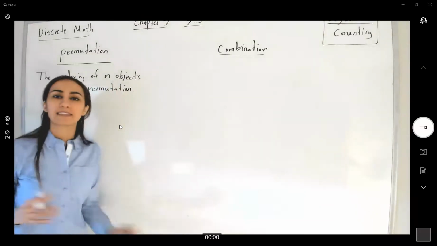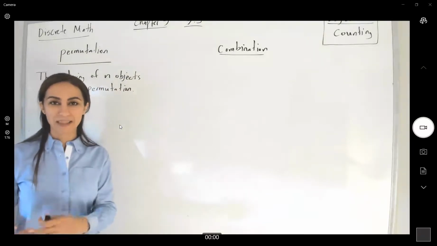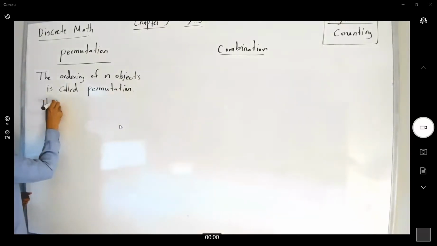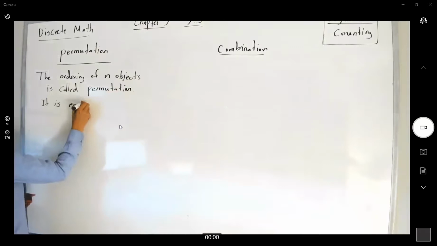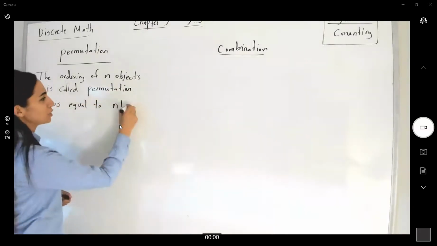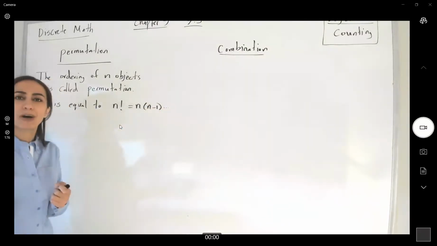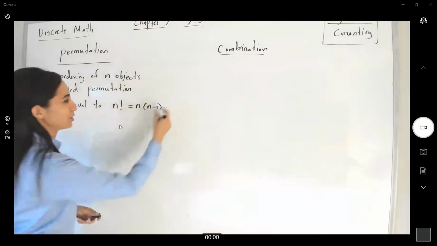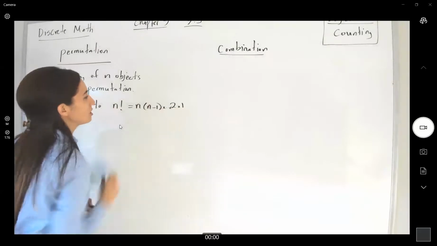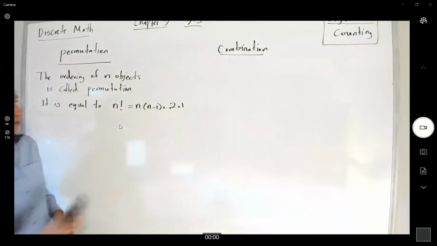It happens that the permutation of n objects is denoted by n factorial. It is equal to n factorial. It means that you take n, multiply by n minus 1, multiply by n minus 2, subtract 1 at a time, times 2 times 1. So this is called permutation of n objects.